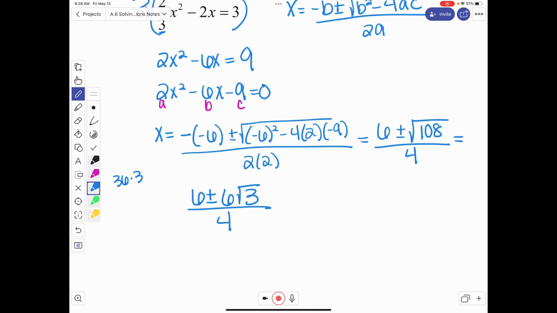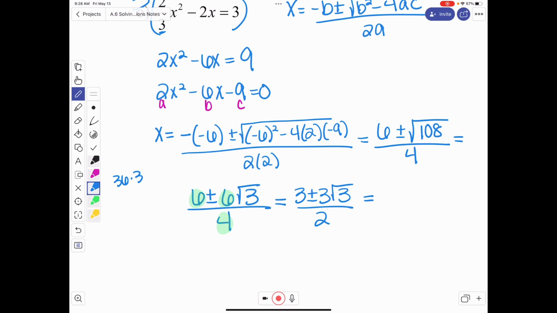If I reduce this, all of these numbers here can be reduced by 2. So if I'm leaving this as a reduced radical, 6 divided by 2 is 3. Okay, so both those are 6's. I leave that radical 3 alone. 4 divided by 2 is 2.